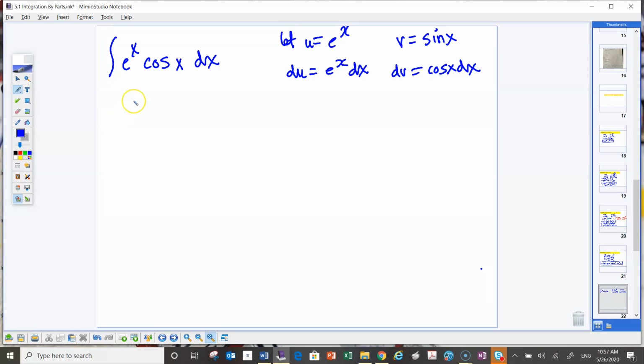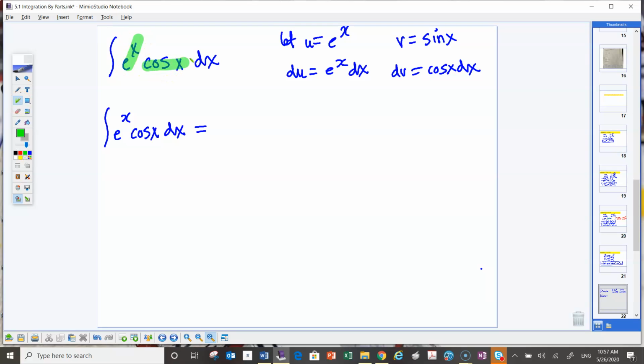So now, if I was to set this up, I'm going to start again with my original question, because for this particular problem, I want to end up with an integral that's the same form as my original question. Before we use integration by parts here, notice my two terms: e to the x and cos x.